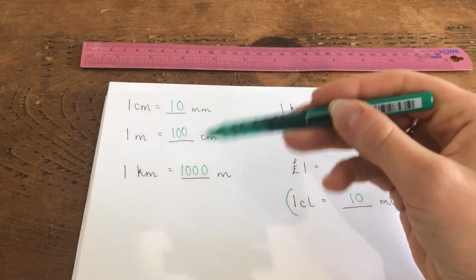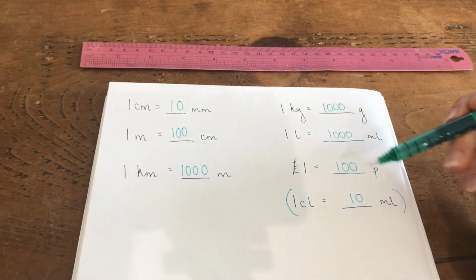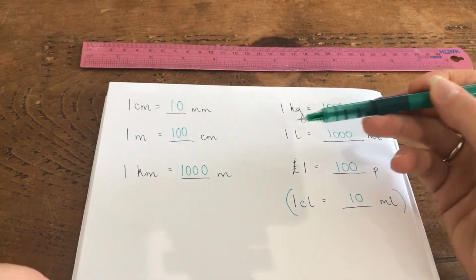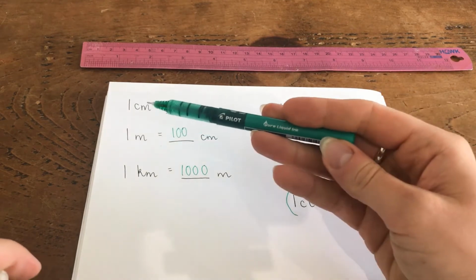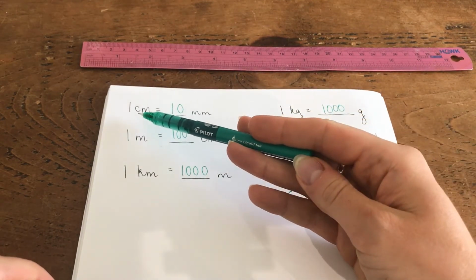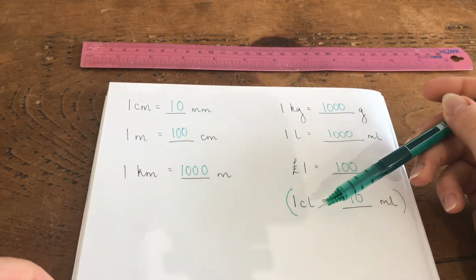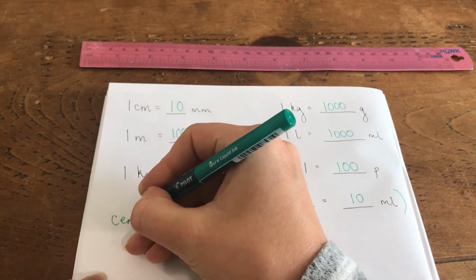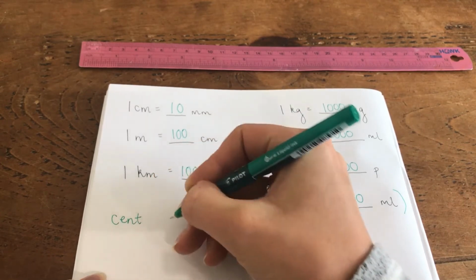Okay, so we've got these written down. As I said, I would suggest having these written on a piece of paper for you to use as you're working through the video and your pages for this week. Now, just a quick thing before we move on. Cent, as in centimetre and centilitre, actually means 100.